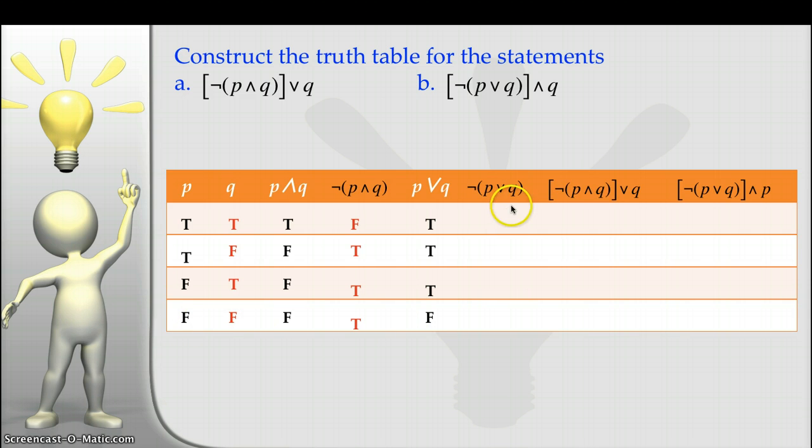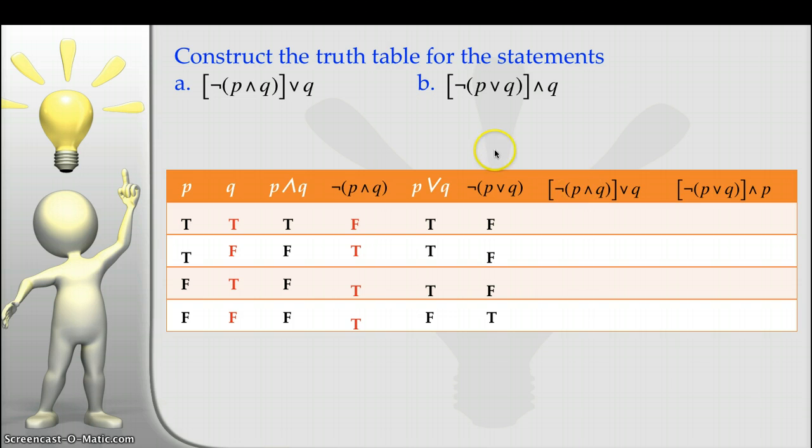Now in this symbol, we're going to negate these values. So that will become false, this one will become false, this one will become false, and this is true.